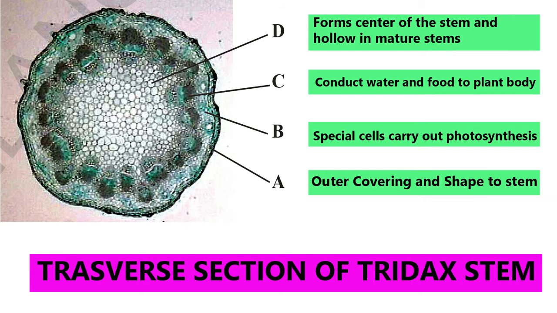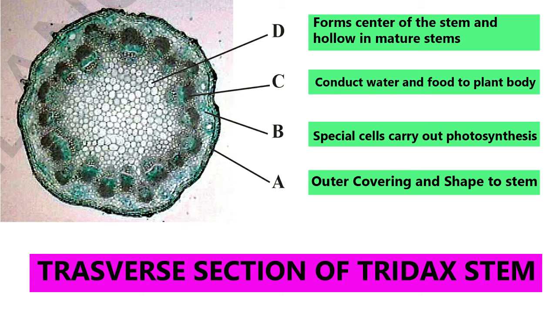Now group D cells you are seeing here, they are usually present in the young stems. Like now we are observing the spinach leaf, okay, the stem of the spinach, or gaddi chamanti, that is tridax. So this will become a hollow structure.